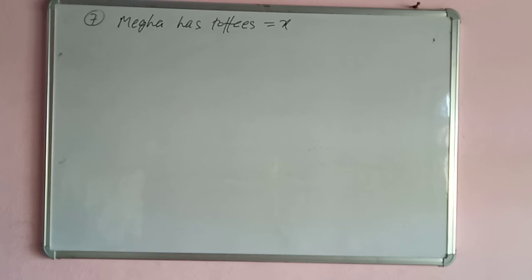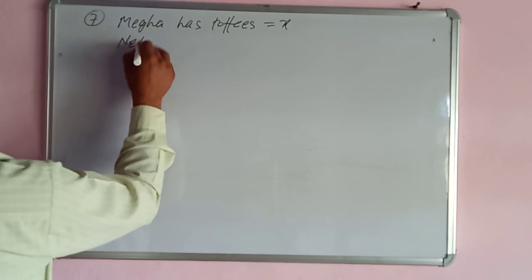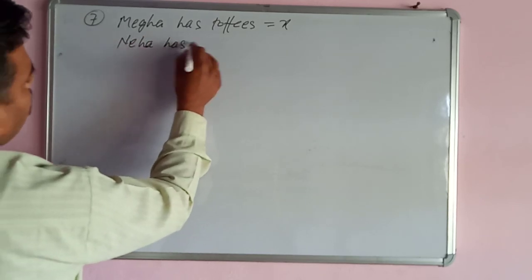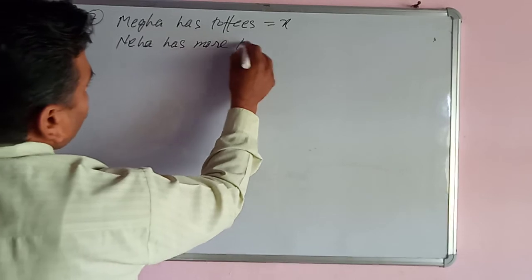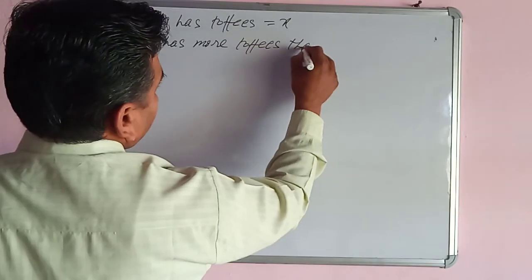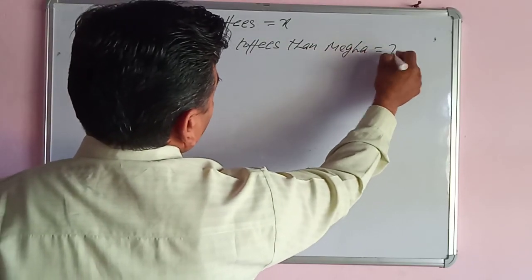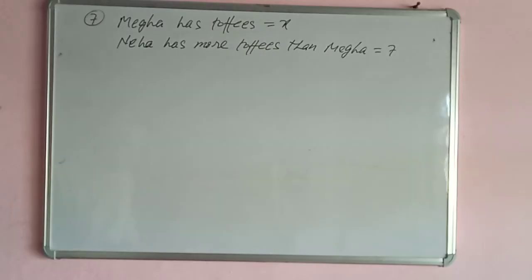Now Neha has 7 more toffees than Megha. So Neha has 7 more toffees than Megha. Now the question is how many toffees does Neha have?